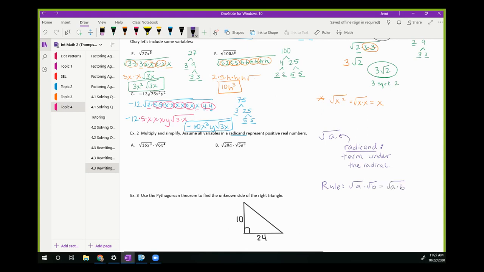There's a rule. I don't know what the name of the rule is. I could look it up. It's probably like product of radicals or something. All right. So when I have the square root of a times the square root of b, as long as they're both square roots, I can multiply them underneath the same radical.